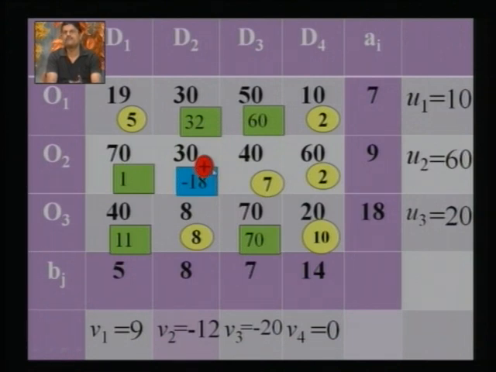So we always think of a path which makes a corner of the loop. Remember, the loop will be unique. So here I select the basic variable cell whose value is 2, and mark this cell with a minus sign.